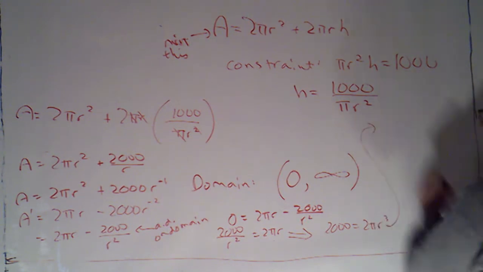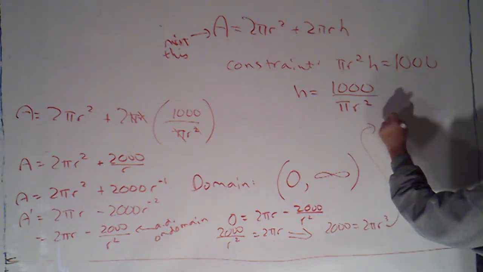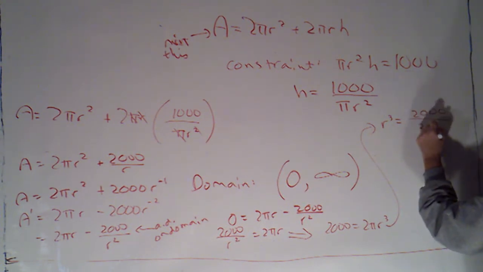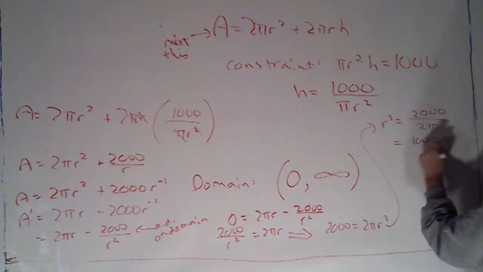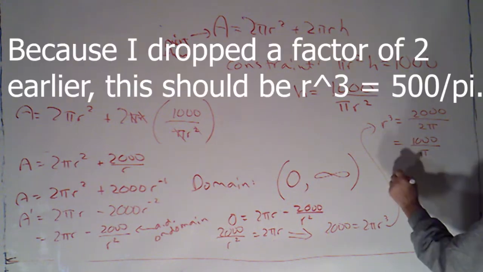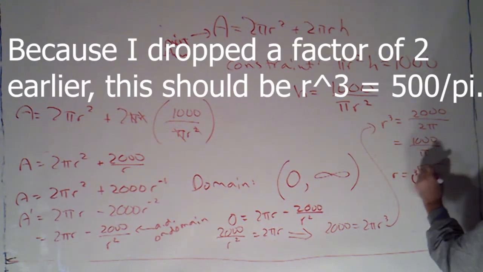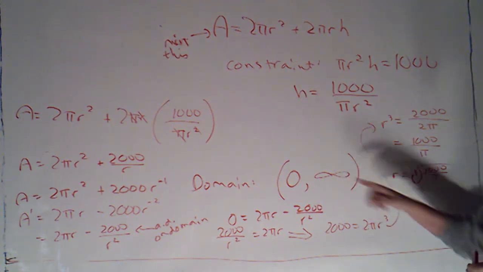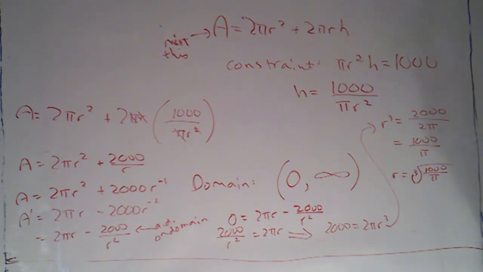Let's come up here. r cubed is going to equal 2,000 divided by 2 pi, which is 1,000 divided by pi. And so r would just be the cube root of 1,000 over pi. All right, that is a positive number, so it is in our domain.